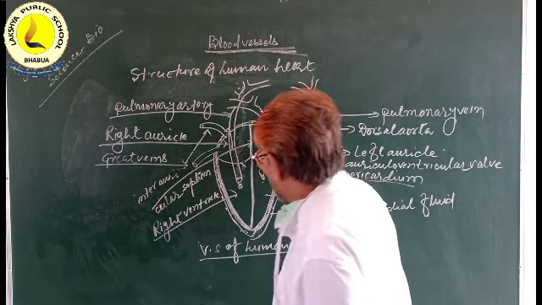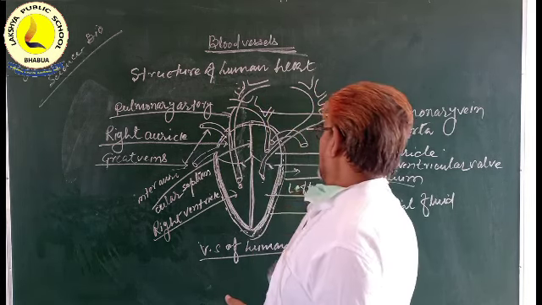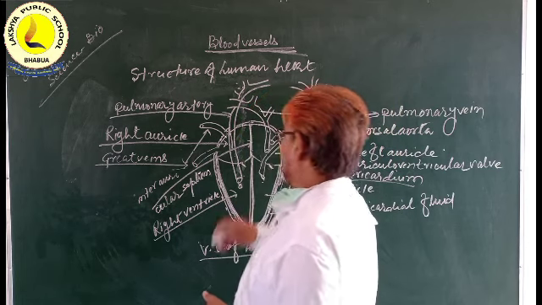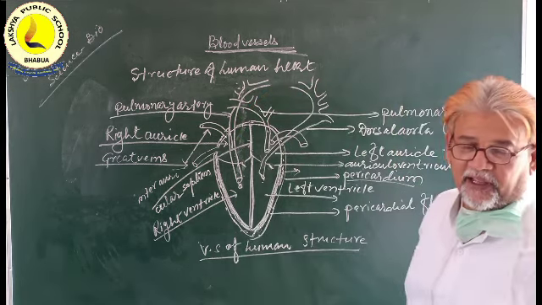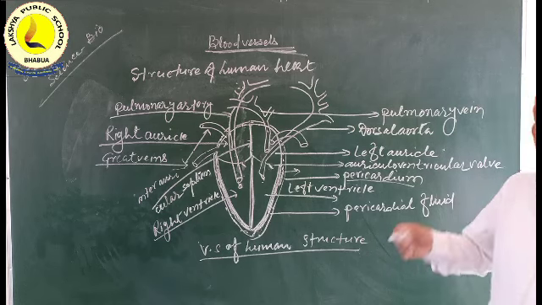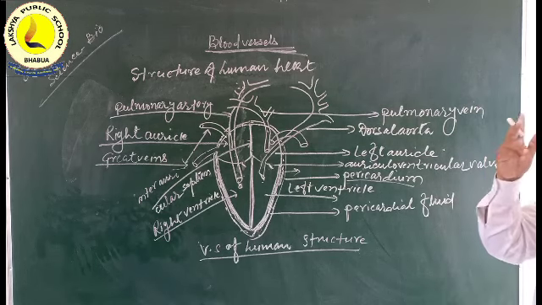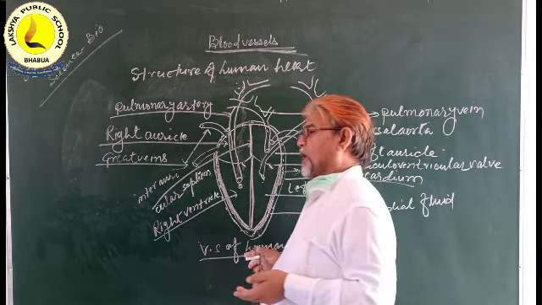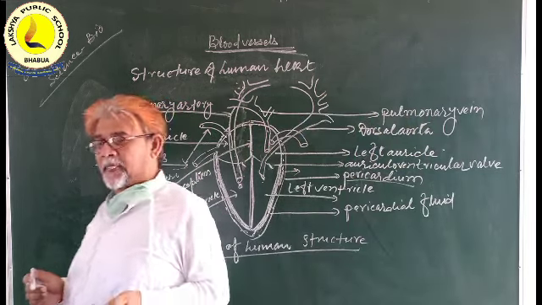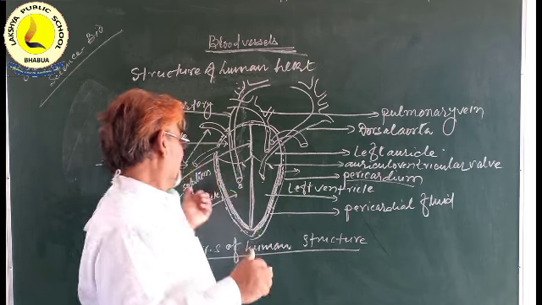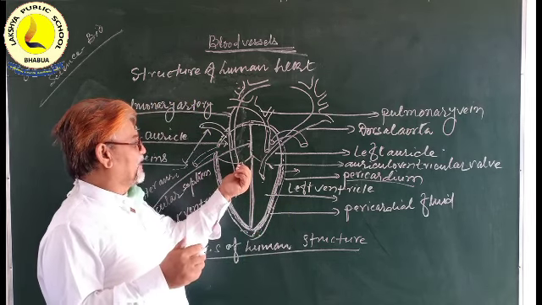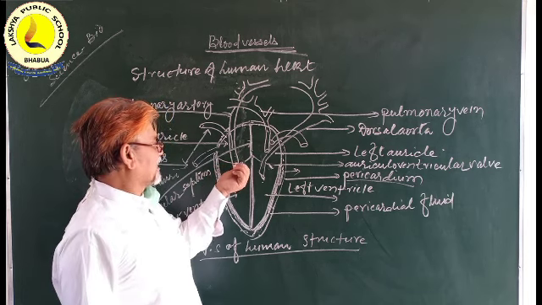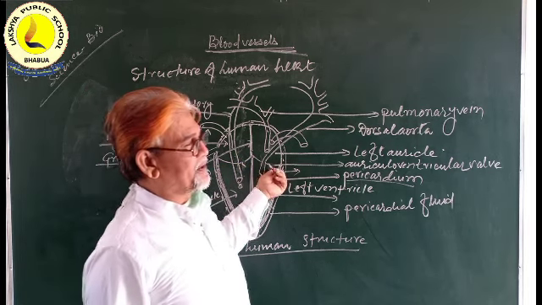Then, in between the right auricle and right ventricle, there is a valve, called the tricuspid valve, and on the left side the bicuspid or mitral valve. These are the auriculoventricular valves.